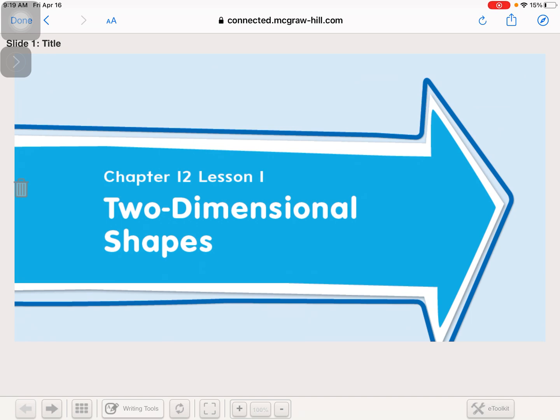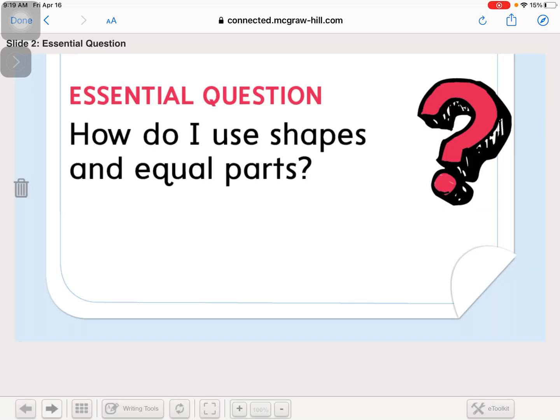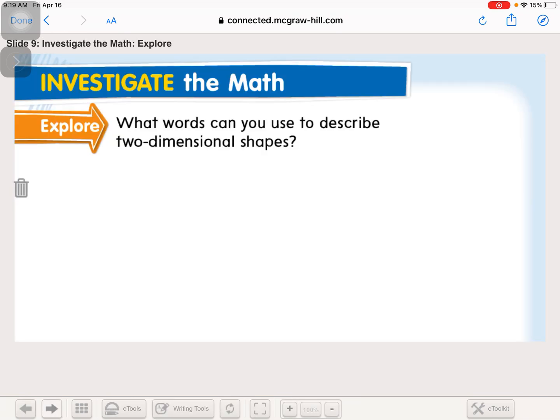So today, though, we are looking at our essential question, which is how do I use shapes and equal parts? And we're starting by thinking about what it means if a shape is flat. If a shape is flat, it only has length and height. That means it's two-dimensional because it just has those two dimensions.